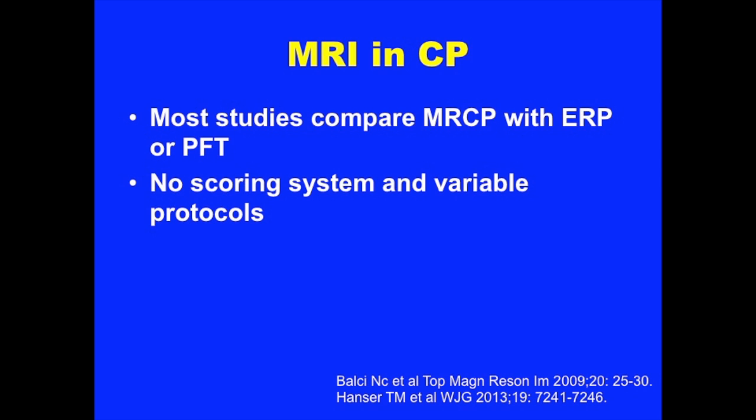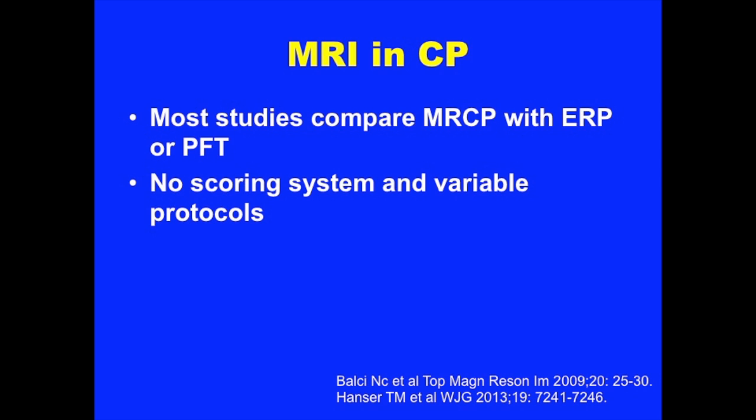Most of the studies in MRI have been done comparing MRCP with pancreatograms, with ductal abnormalities at the time of secretin MRCP versus ERCP, and/or pancreatic function testing. There are very few studies that, if you read through them, actually compare EUS and MRI.